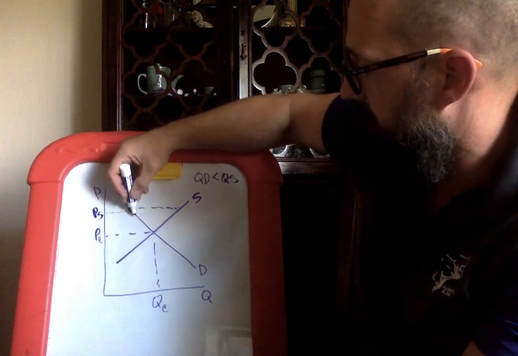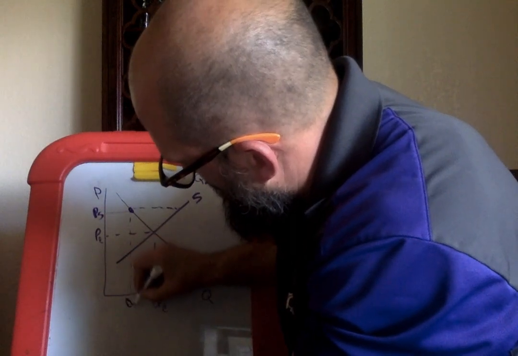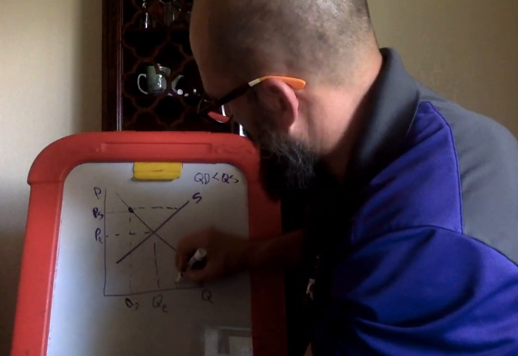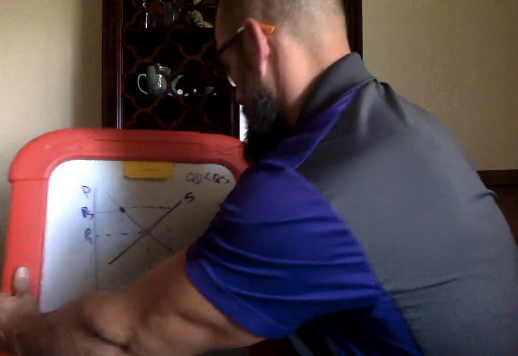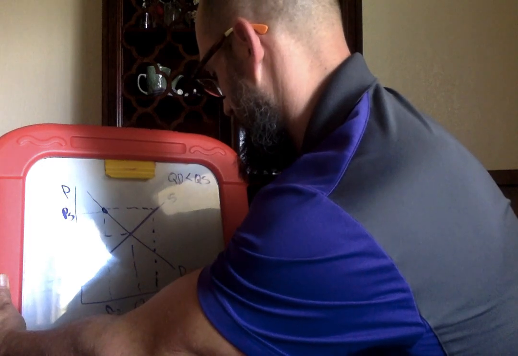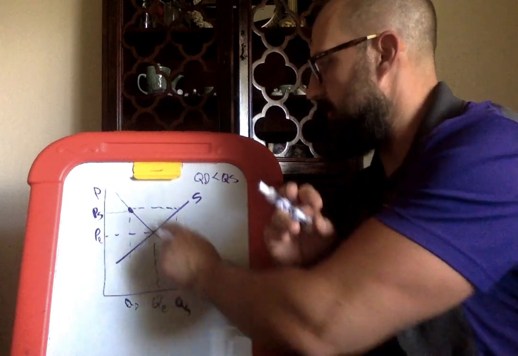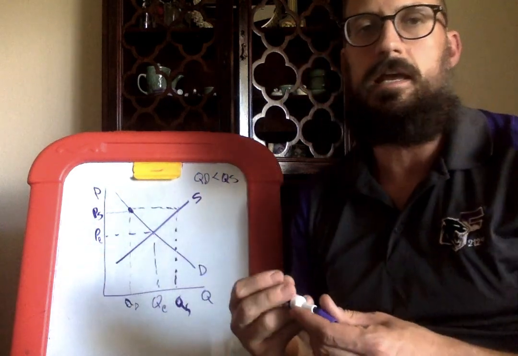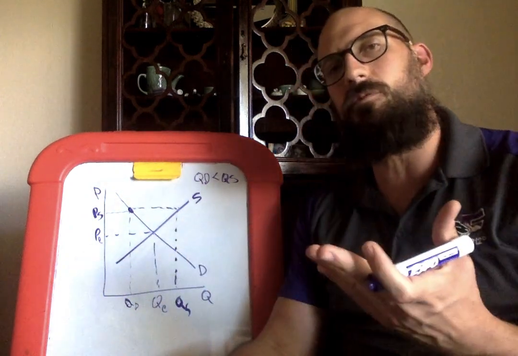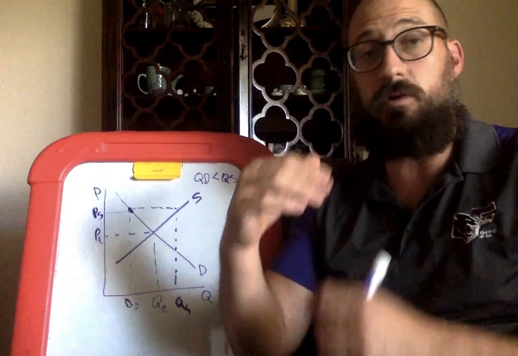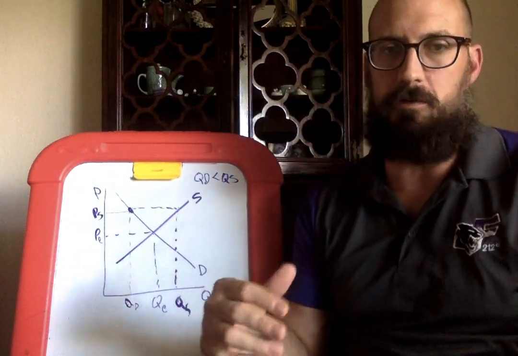People are buying this quantity, Q sub D, and suppliers are supplying that quantity. So there's going to be more in the market than there are people purchasing, and that's referred to as a surplus. It's very easy to remember: surplus ends in plus, which helps us remember that it's going to be above the equilibrium point.